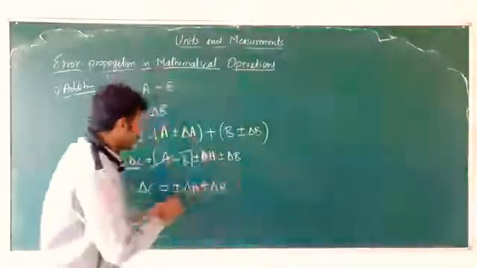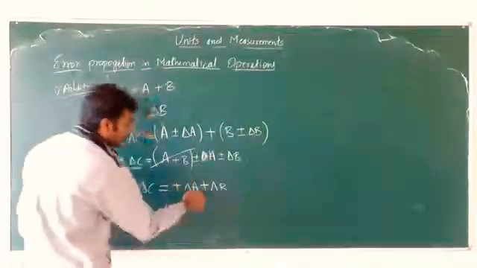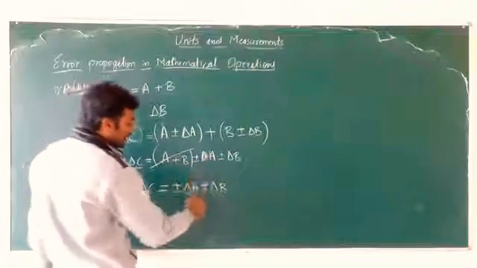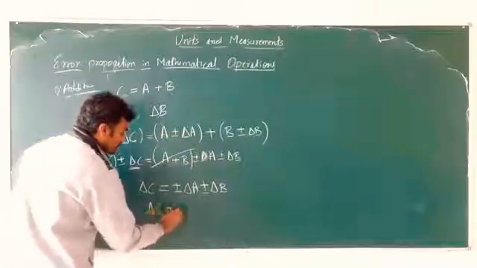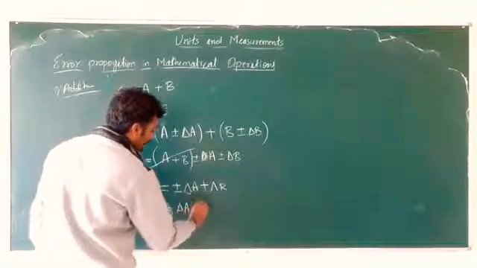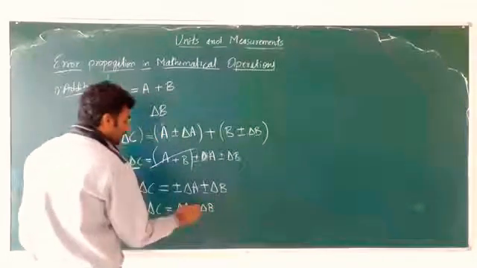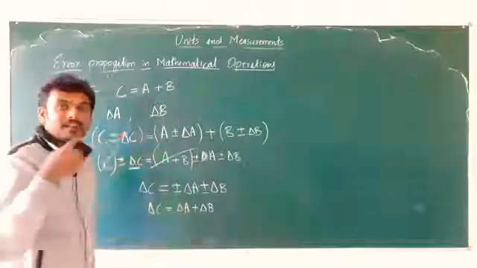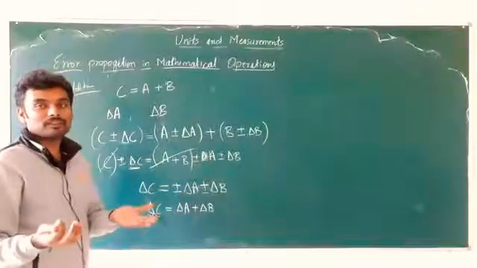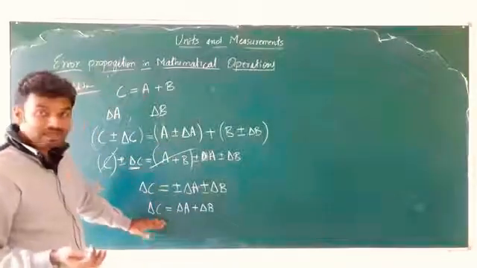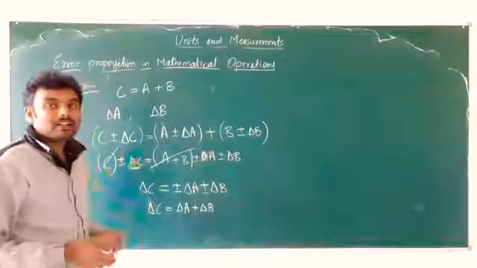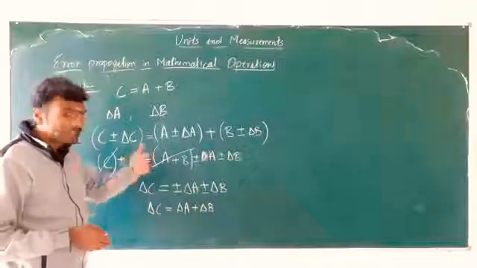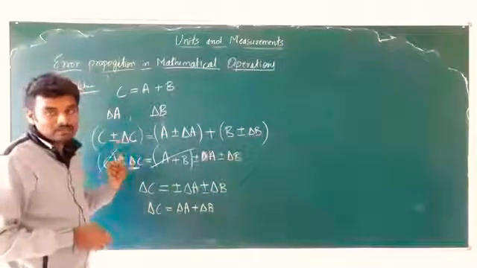Here the maximum error possible is the maximum error in delta A and the maximum error in delta B. The sum of them, delta C is equal to delta A plus delta B. So delta A plus delta B is the maximum error possible from both the measurements. I should always take the maximum possible error, and whatever the real error that we get, it will always be lesser than that maximum value.